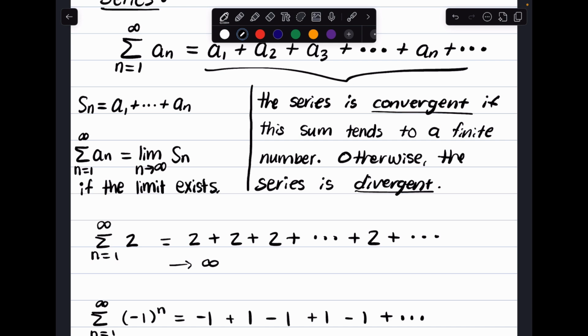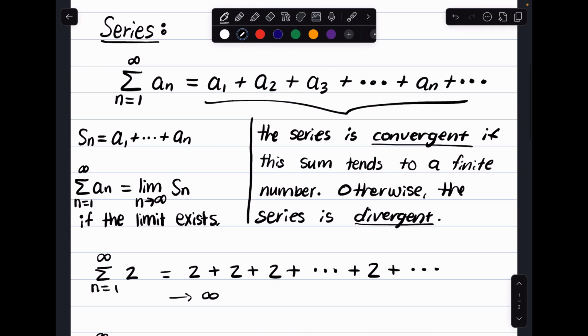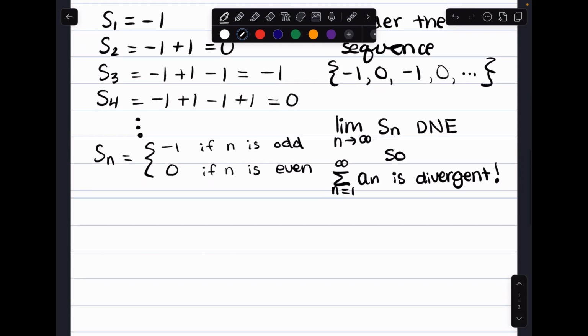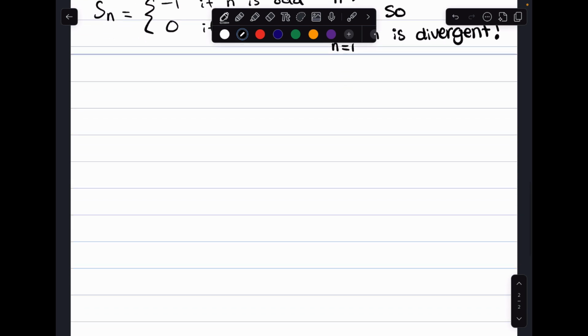So that's how we're going to find our infinite sum, or the sum of our series: we look at the limit as n goes to infinity of our nth partial sum, or what happens to our sequence of partial sums. All right, we're going to do another example.